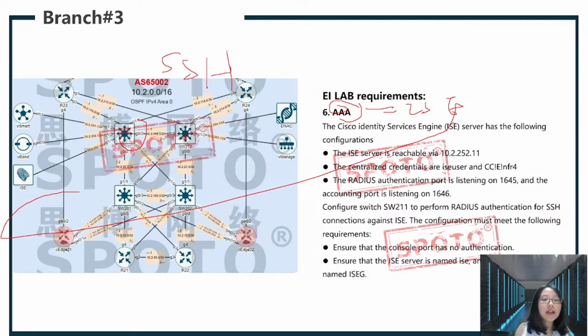So you can read the requirement by yourself. I just told you the ISE is associated with the switch, and RADIUS authentication is required when other devices log into switch 211 through SSH. Okay, so the above are the requirements for the new version of routing and switching.